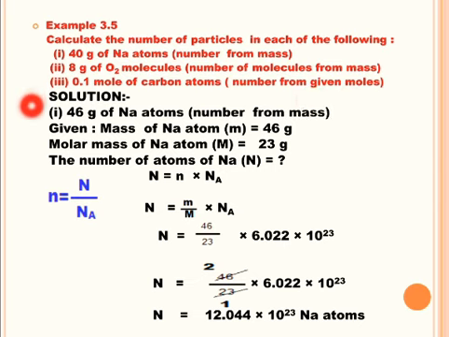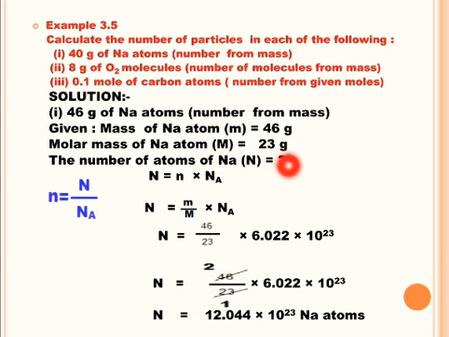See part number 1. Calculate the number of particles in 46 grams of sodium atoms. Here we have to calculate the number of sodium atoms from the mass given. So what is the mass of sodium atom, that is small m, given in this numerical? It is equal to 46 grams. What is the molar mass of sodium atom, that is capital M?